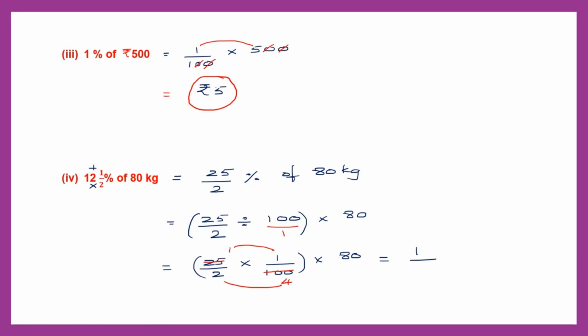And in the denominator, 2 4s are 8. And here we have into 80. Now again you can cancel 8 and 80. 8 ones are 8, 8 tens are 80. Multiply the numerators. 1 into 10 is 10. And what is the unit? So here the question is 12.5% of 80 kg. So this is the unit that the answer will take. So I'm going to put kg here. So this becomes 10 kg. So this is our answer, 10 kg.